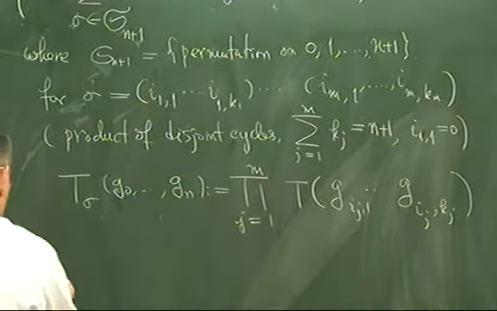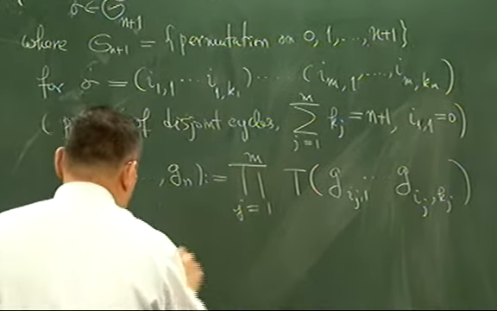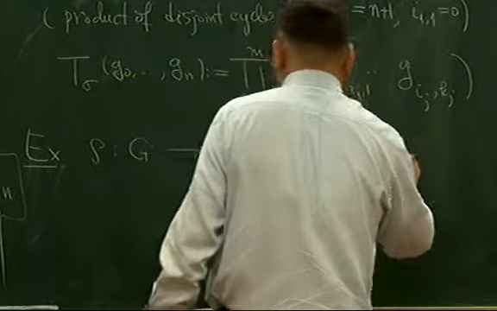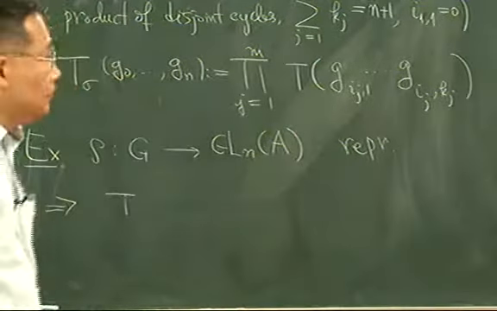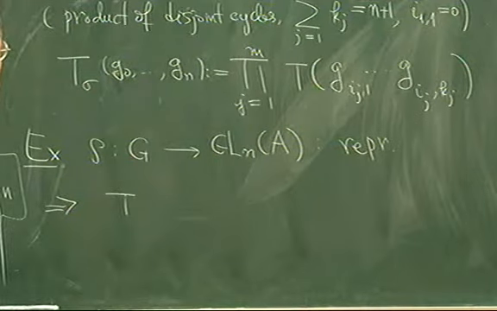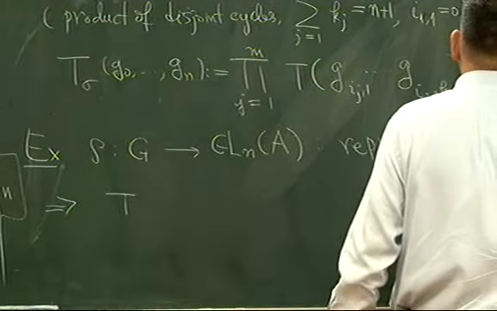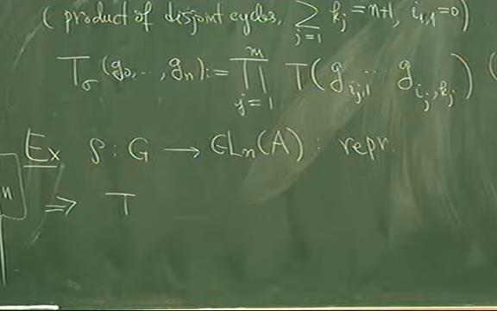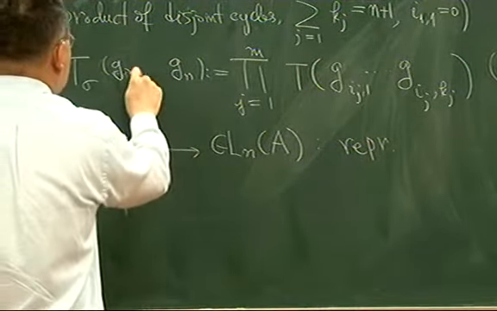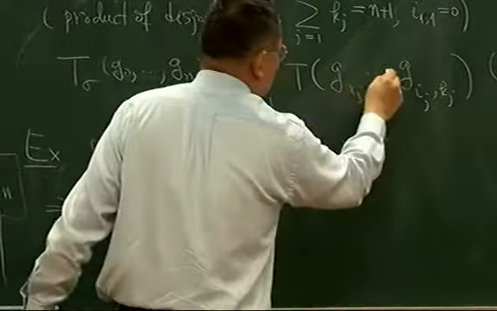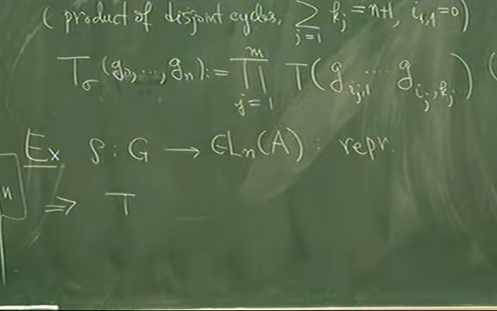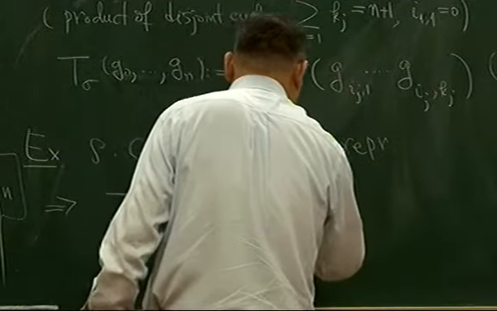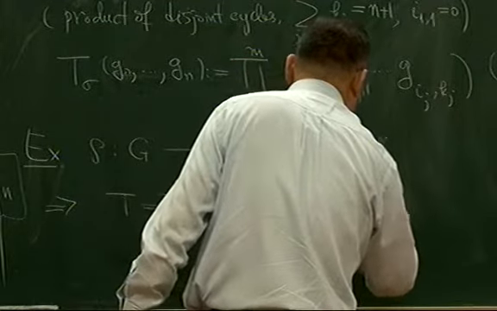The basic example is if rho is a representation of degree n over the ring R, a homomorphism from G, then for any g in G, the trace of the representation is actually a pseudo representation of degree n.